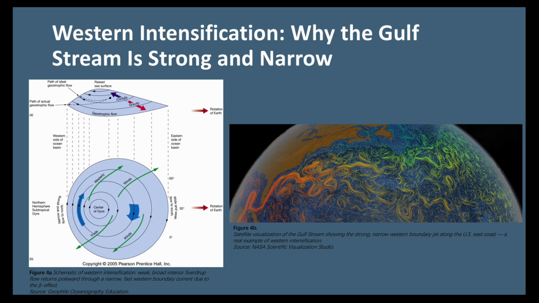Figure 4b shows the real ocean example along the US East Coast. The bright narrow band represents the strong western boundary current. This image helps us see that the theoretical pattern from Figure 4a actually appears very clearly in satellite observations.